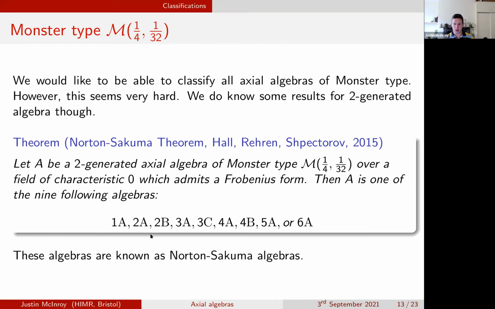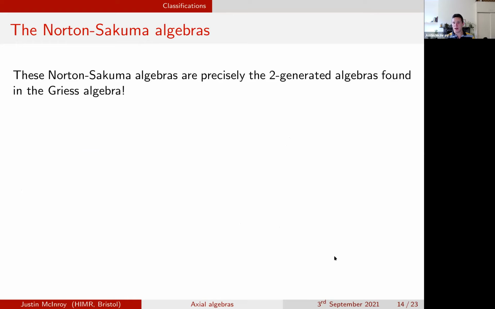These names come from conjugacy classes in the monster, like my comment a couple of lectures ago about where 2B came from. Exactly the same thing for all these. Anyway, there are 9 algebras. And it turns out these Norton-Sakuma algebras are precisely the two-generated algebras which are found in the Griess algebra.